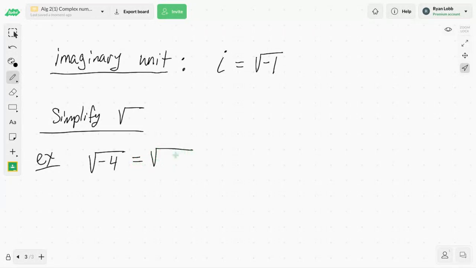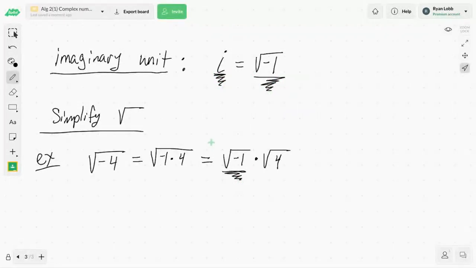The square root of negative 4 is the same as negative 1 times 4 underneath. Properties of square roots and radicals tell me that if I have multiplication, I can break this up into the square root of negative 1 times the square root of 4. And what is the square root of negative 1? The square root of negative 1 is the imaginary unit, i.